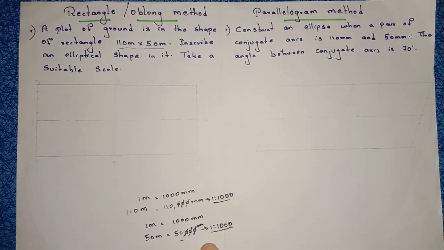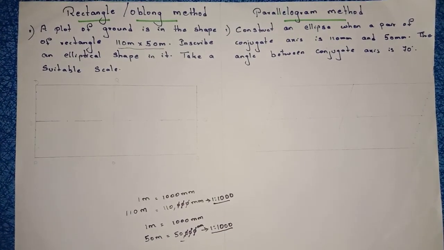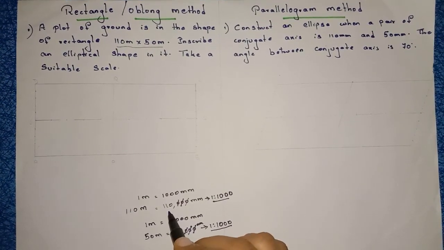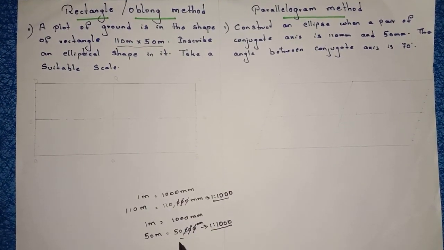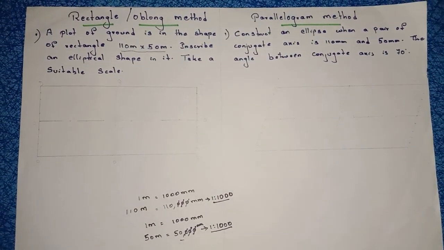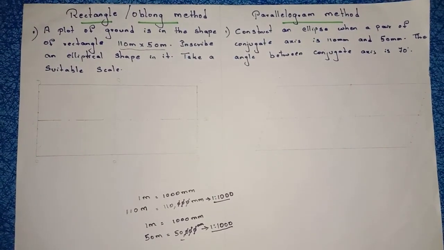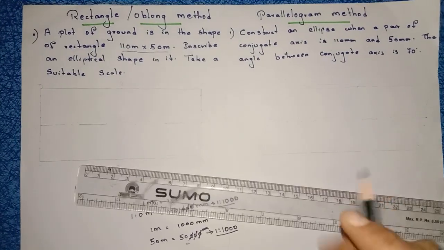This is the process to convert meters into millimeters. Now what do we have to construct? 110 millimeters and 50 millimeters. 110 millimeters means 11 centimeters.